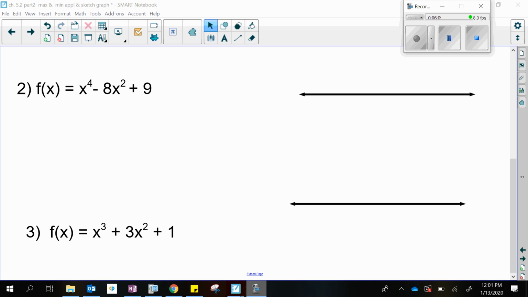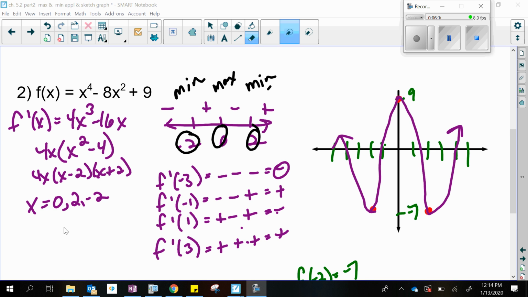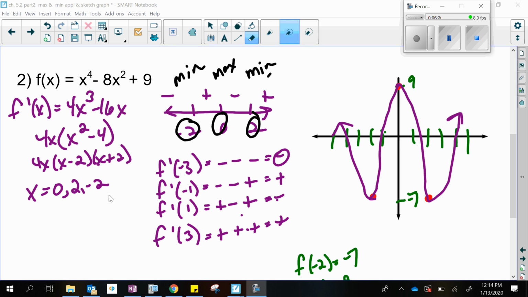Okay, so I'm going to turn off this. If you did that one, you're plugging it in, you got your critical numbers of -2, 0, and 2, and then you find out whether they're increasing or decreasing by choosing values.